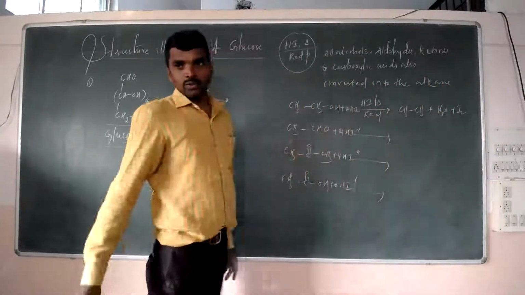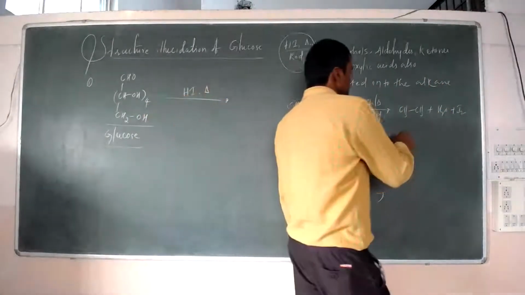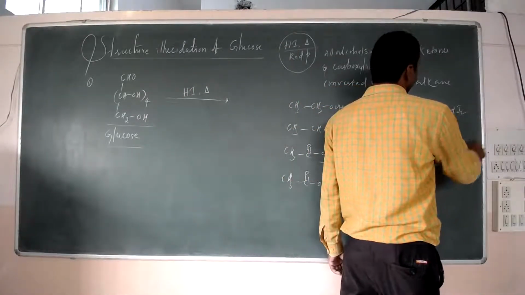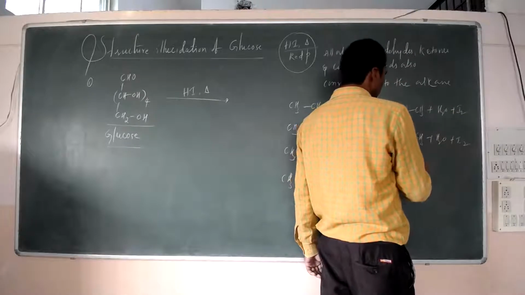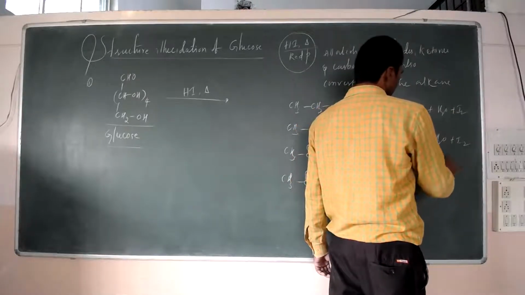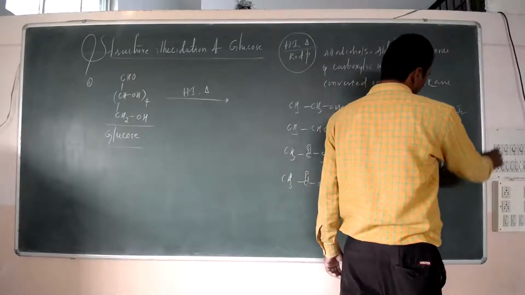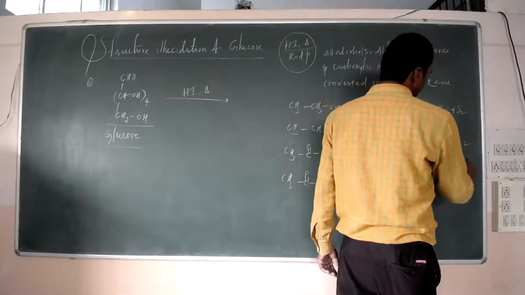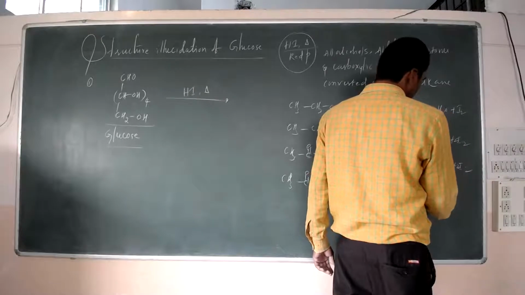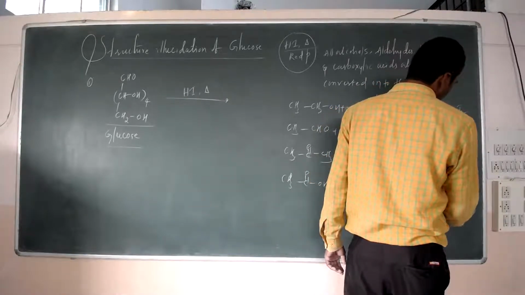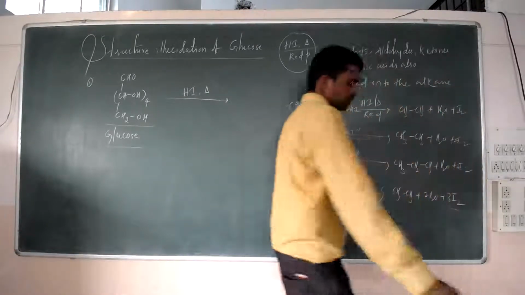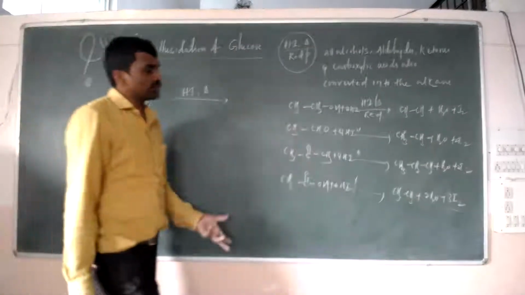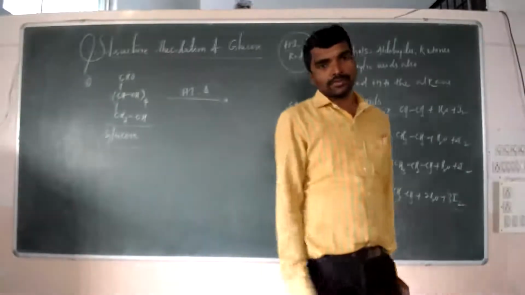Here also two carbons, so the answer is ethane. Here propane. So this is the function of HI in the presence of red phosphorus.